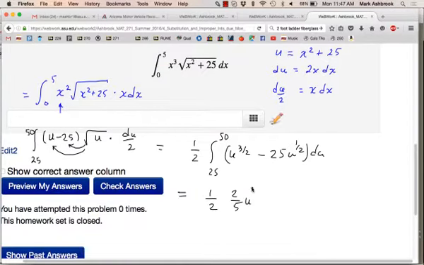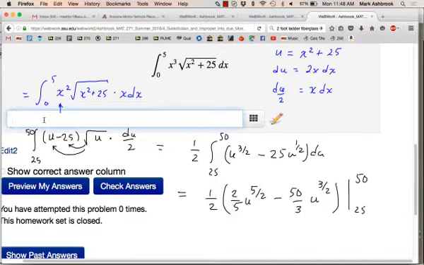Check my math, I'm going to go fast. 2/3. Check my math. Did I do the math right? I think so. So can we do the next step in the answer box?